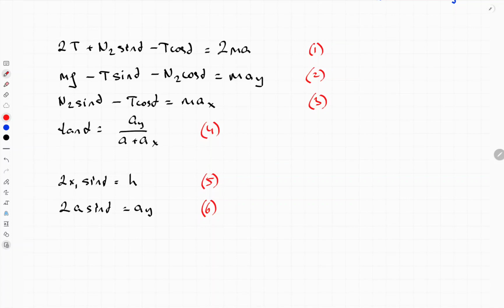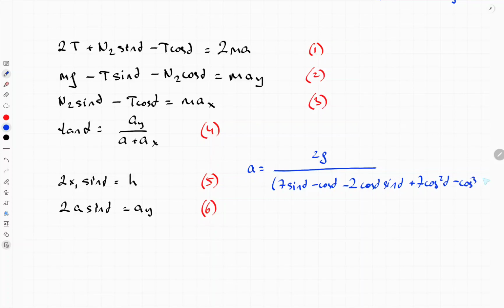And from all these equations, I found that a, there might be a mathematical mistake, but I think this should be the correct answer for a, the acceleration, by using all these formulas: 7 sine alpha cosine alpha over 2 cosine alpha sine alpha plus 7 cosine squared alpha minus cosine cubed alpha. This is the value for acceleration, just a.